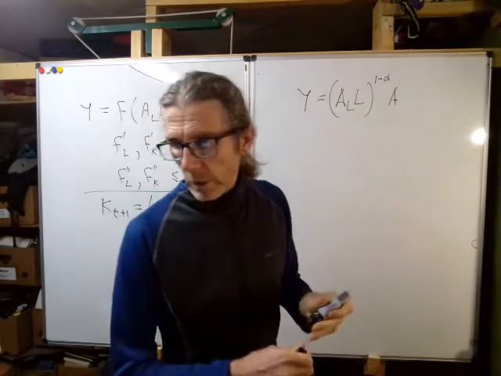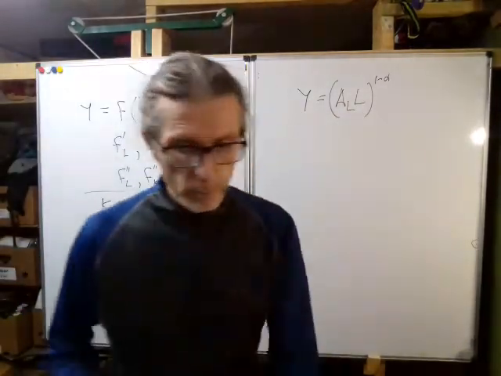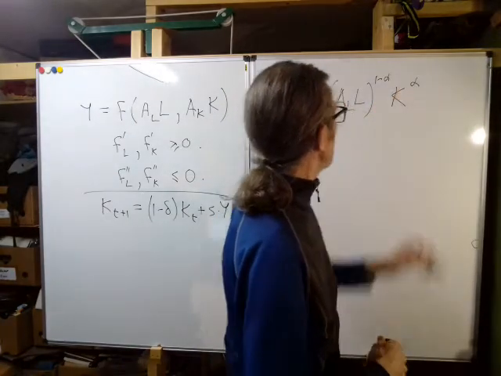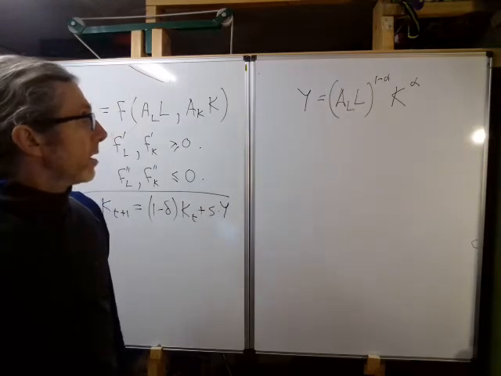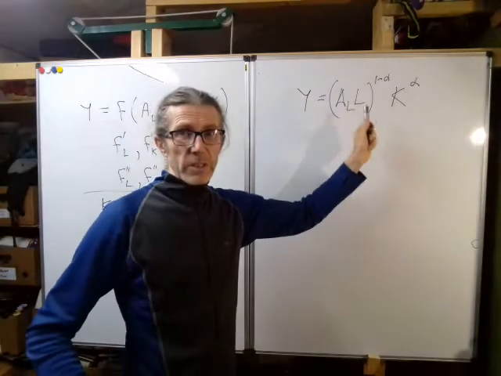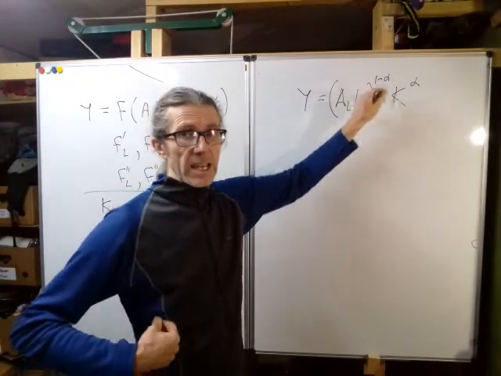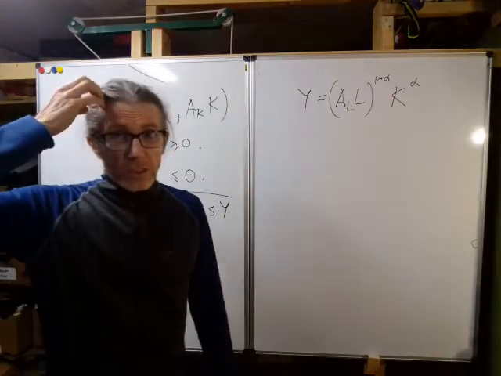Oh, and we drop the A_L and A_K implicitly, so we make that implicit, and we say K to the alpha. For the sake of keeping track of units, you might want to think of an A_K there, A_K K to the alpha. Otherwise the units don't make sense.